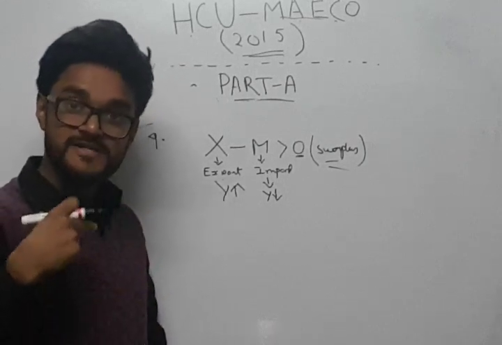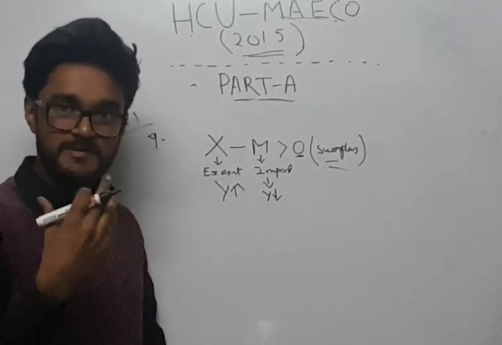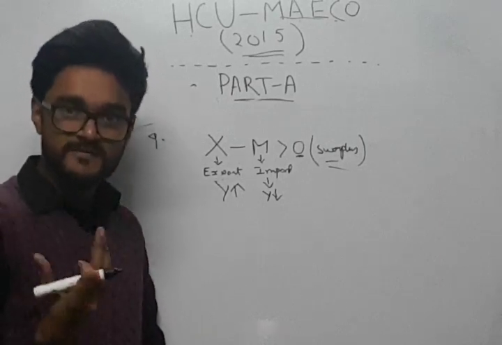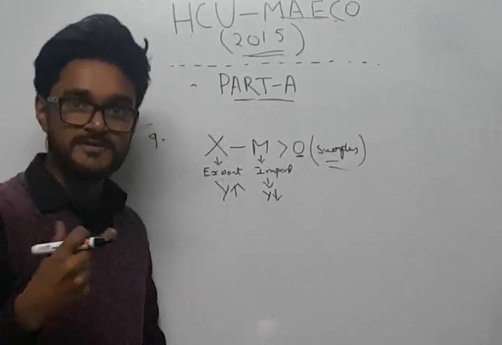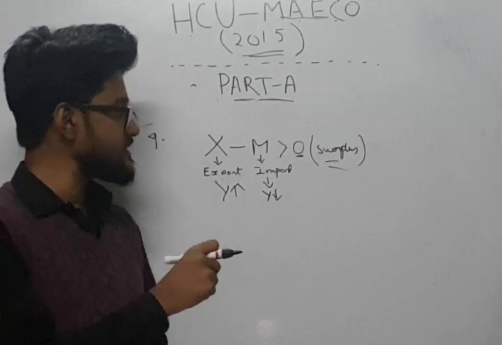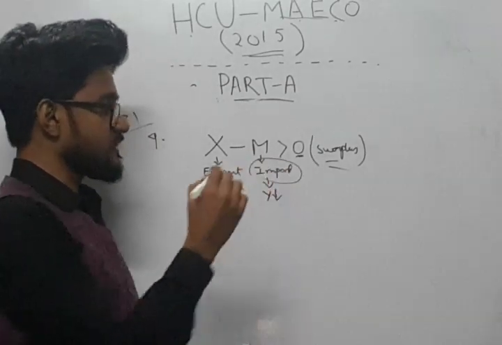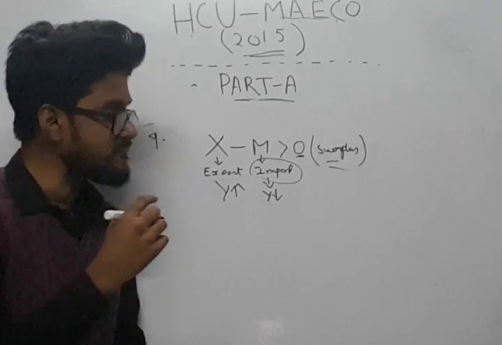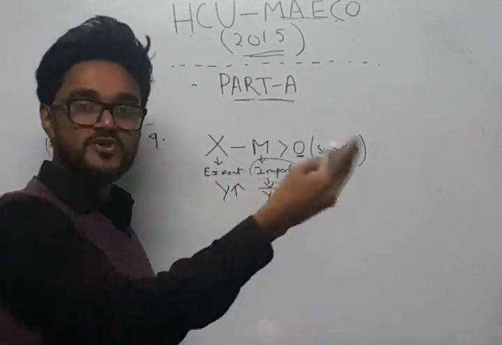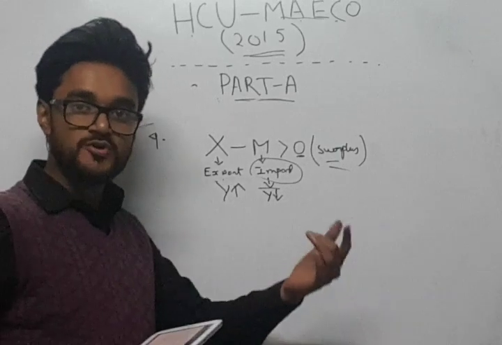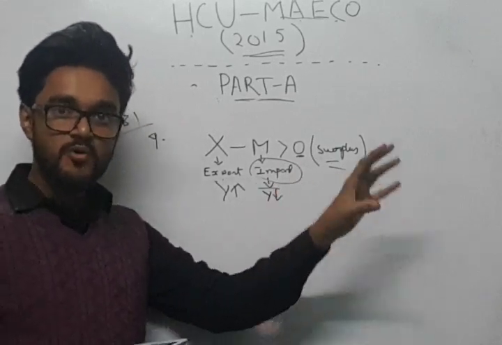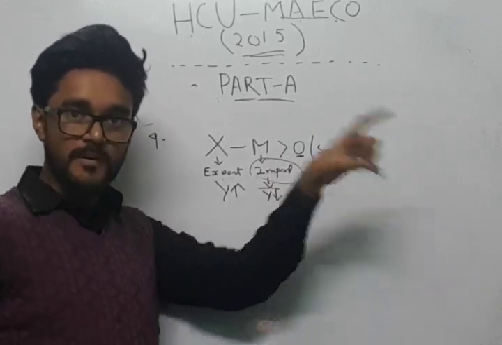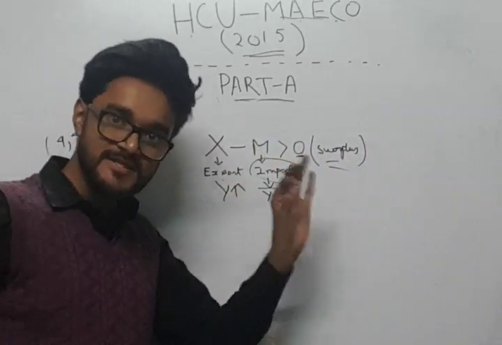So in order to facilitate the firms' profitability, the government imposes either a tariff or a quota. Tariff means they impose a tax on import.